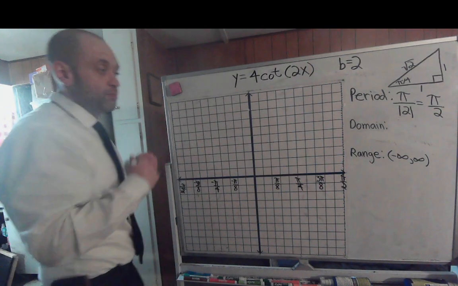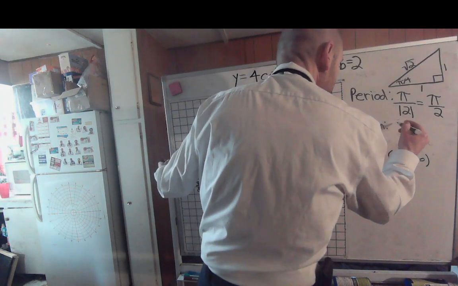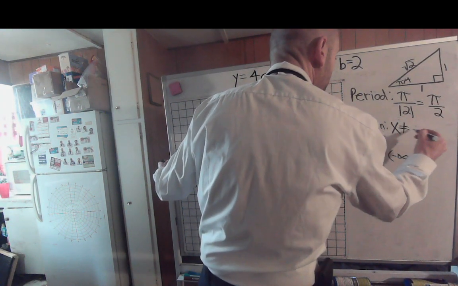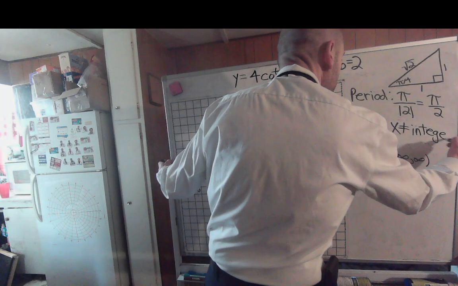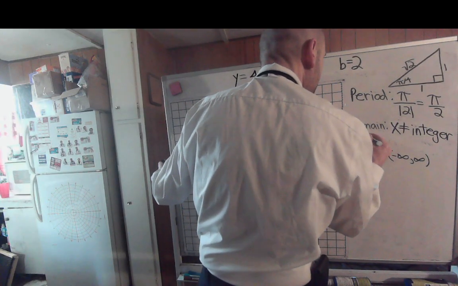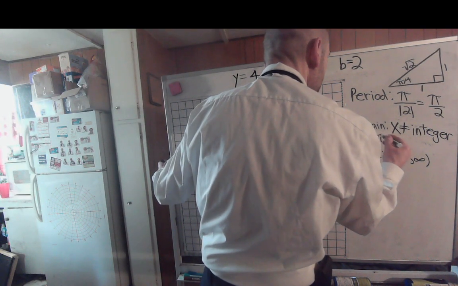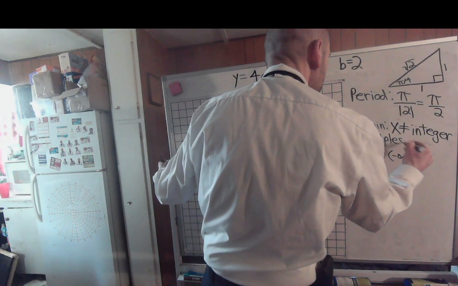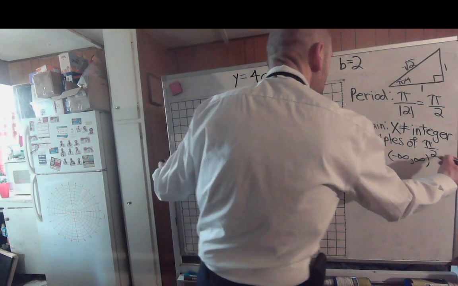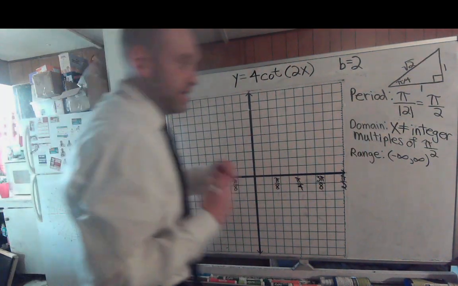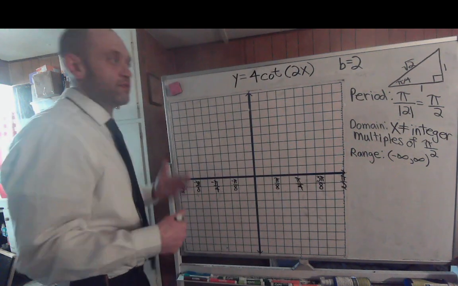That means my domain is all reals except x equals integer multiples of pi over 2. So x cannot equal integer multiples of pi over 2. My range still hasn't changed. It's negative infinity to infinity.